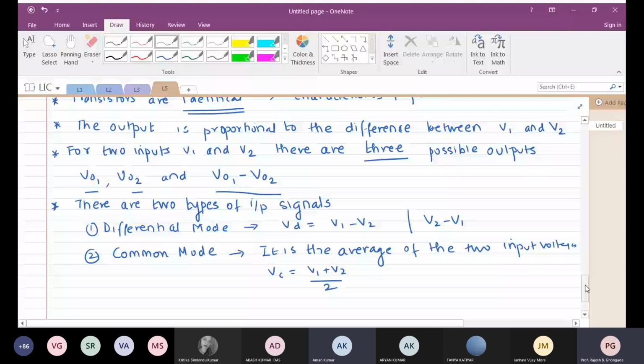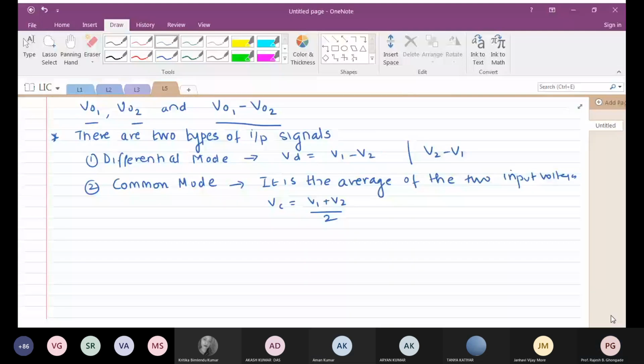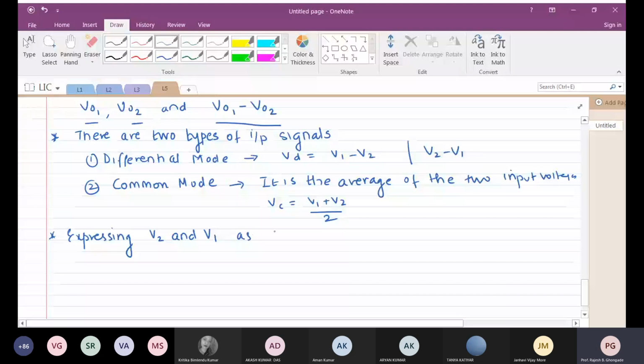So V1 and V2 can be expressed as functions of VD and VC.